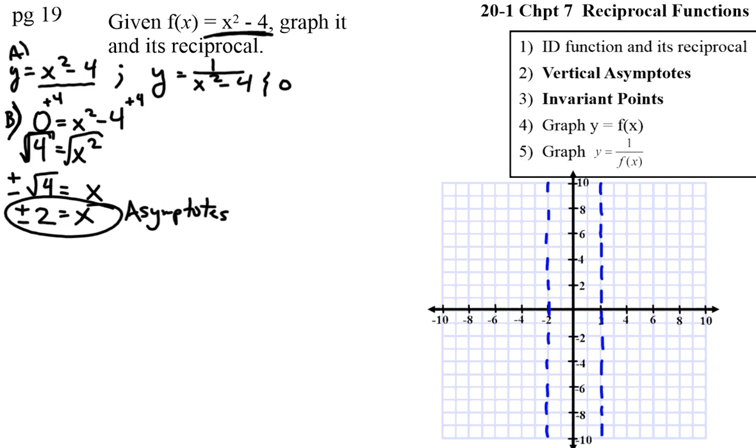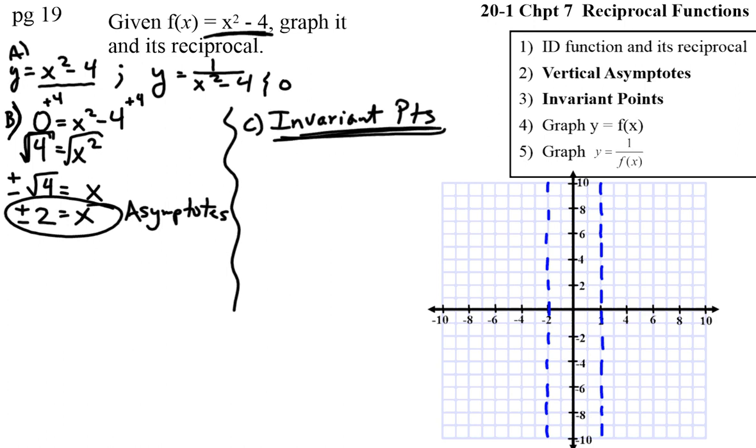Next part, C, are the invariant points. I need the points that both graphs go through. How do we get invariant points? Invariant points occur when y equals 1. Let's start there. So, y equals 1 for x squared minus 4.